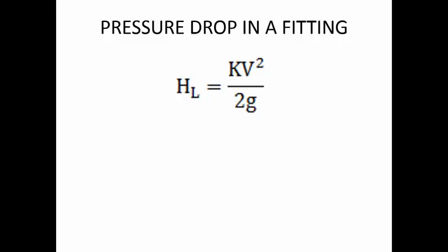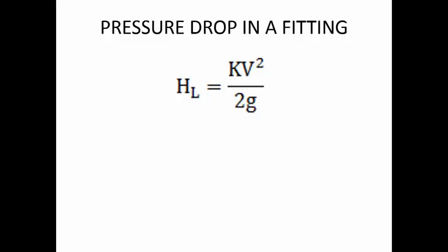The standard formula for all these things is loss is equal to K into V square by 2G, where K is the factor for a particular fitting. For those fittings, how much loss can happen is a constant factor. V is the velocity of flow. If you know the velocity of flow through that particular element and the value of K, we can determine what loss is happening.